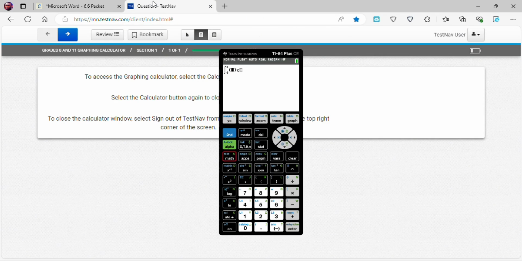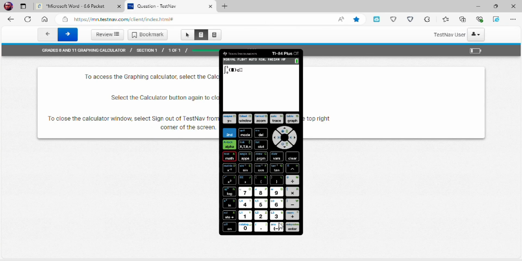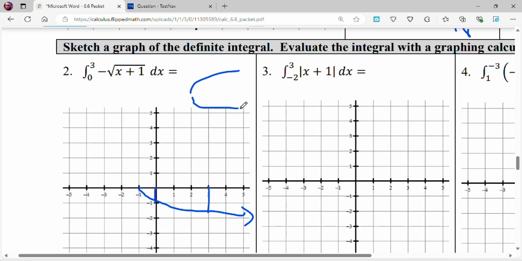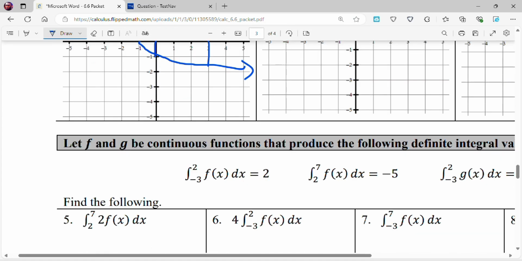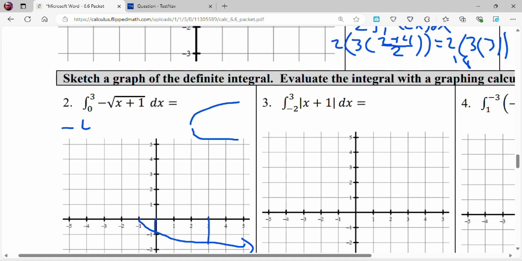So 0 and then 3, and then the function. So negative square root of x plus 1 dx. And that gives us negative 4.667.